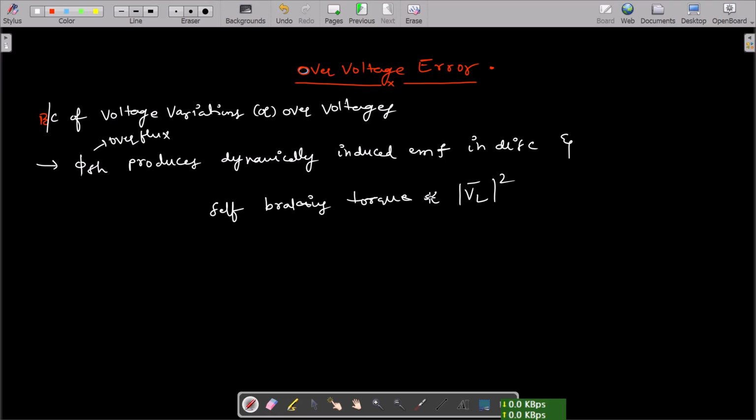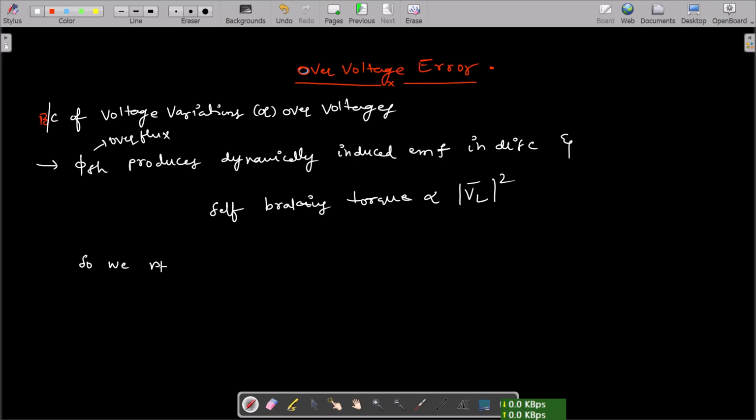There is an opposition. So we need to reduce that shunt overflux. If the disk movement slows down, then that meter will read a lesser value, because the energy recorded by that disk is proportional to the speed of the disk or the number of revolutions. So if that disk is slowing down, then it will read a lesser value.